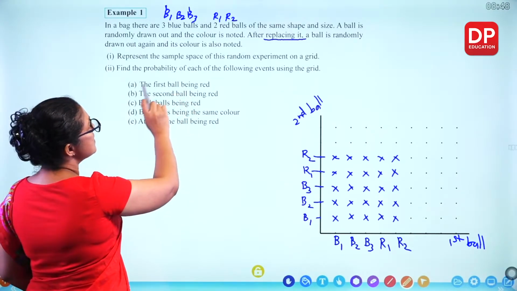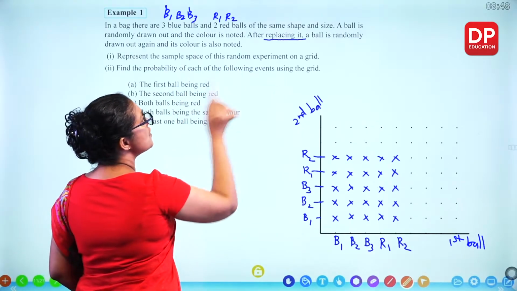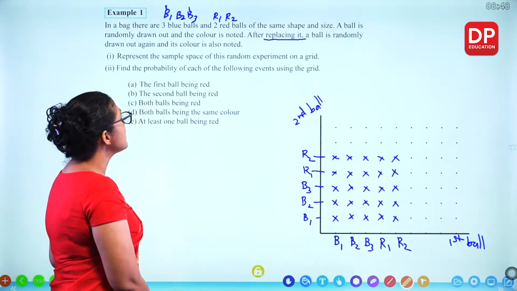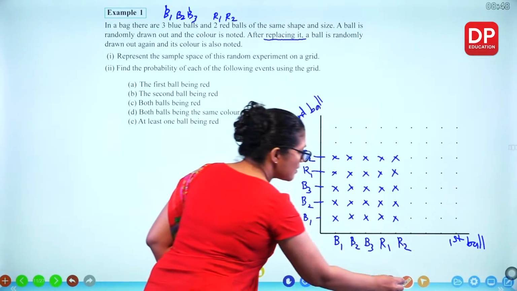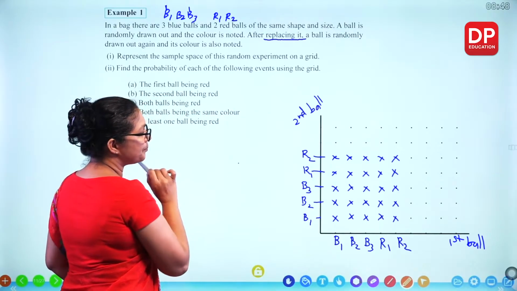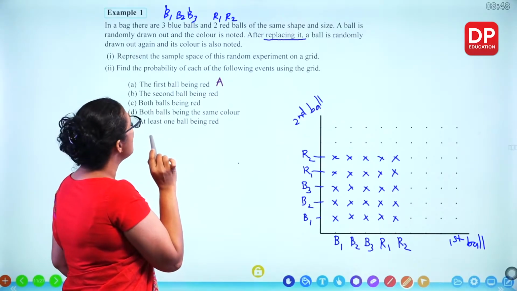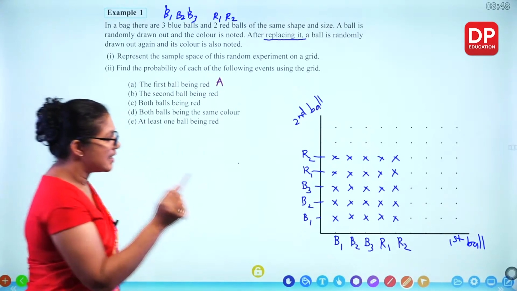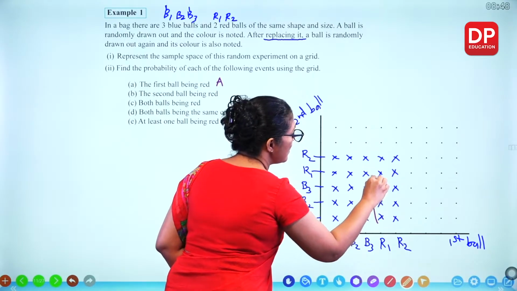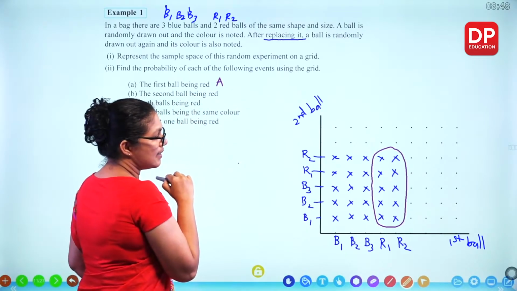And then it says, find the probability of each of the following events using the grid. The first ball being red. So I'll take this color. First, I'll put this one as A. First ball being red, so this one should be red. You can take this set.